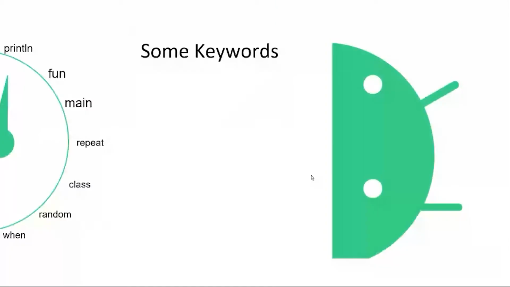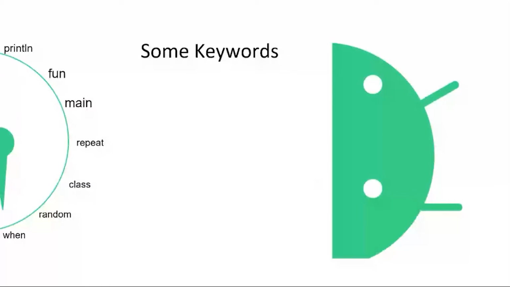Some of the keywords that any programming language specifies are the ones we are going to discuss today: println, fun, main, repeat, class, random, and when. You must be wondering what these are.